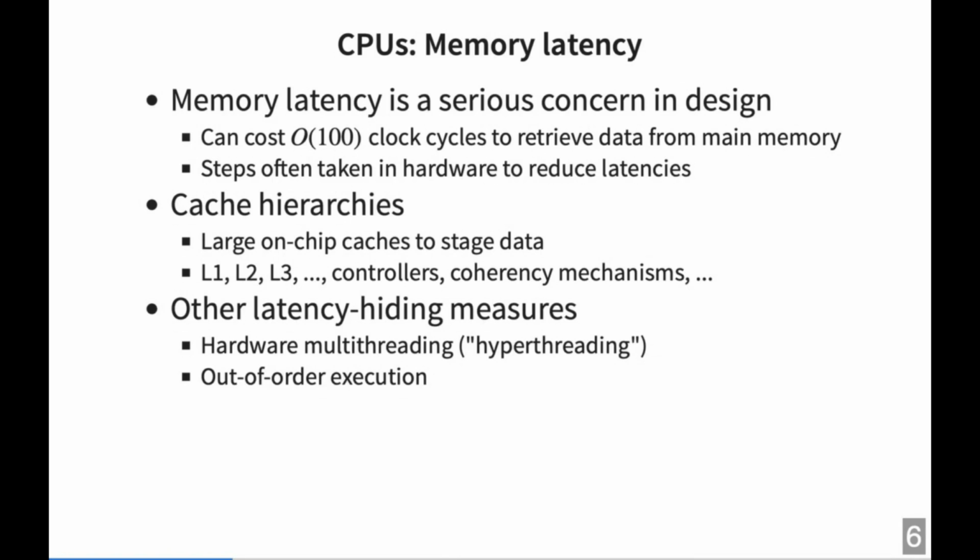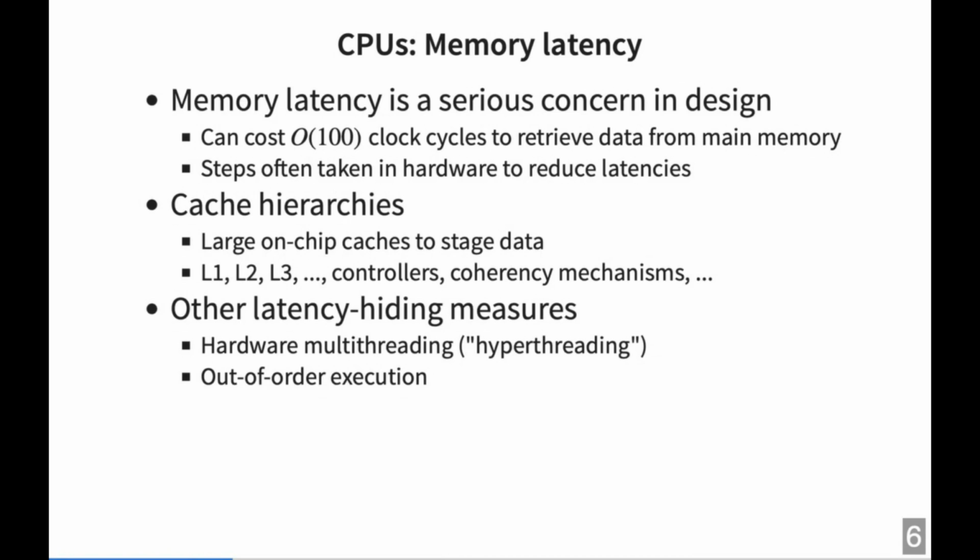So if you're on the processor and you have to stall for 100 or 1,000 clock cycles doing nothing while data is coming back from main memory, that's a real problem, a real inefficiency.